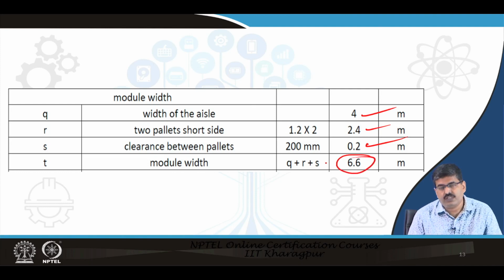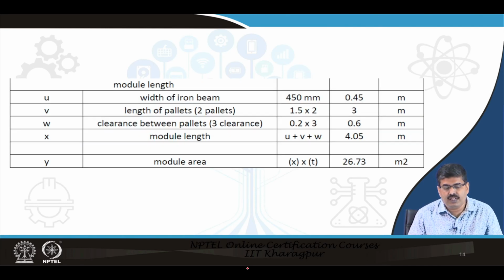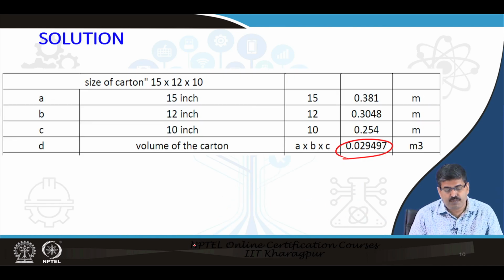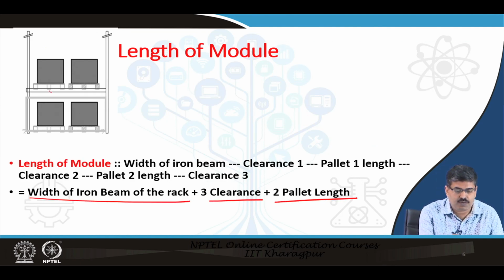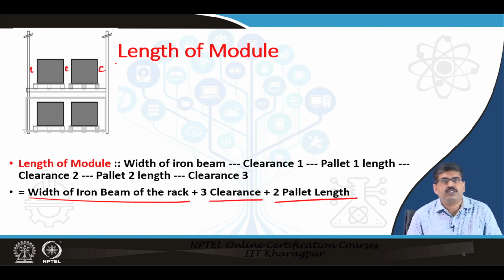So, module width is 6.6. Similarly, for module length: width of the iron beam, length of the pallets, 2 pallets, and distance between pallets was 3 clearances. Remember what we did? We had the width of iron beam, 3 clearances, 2 pallets. What was clearance? Clearance 1, clearance 2, clearance 3.